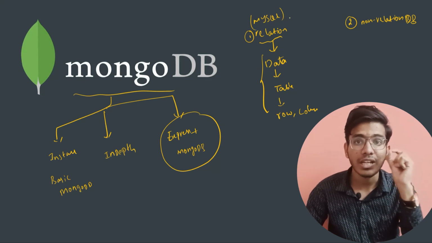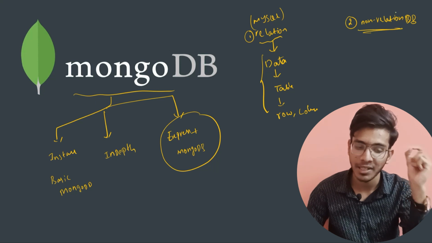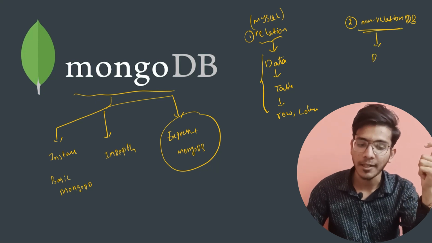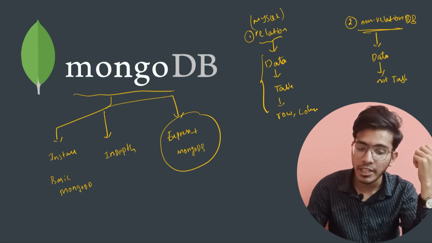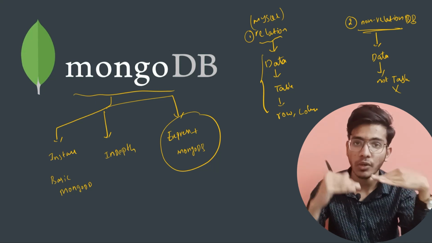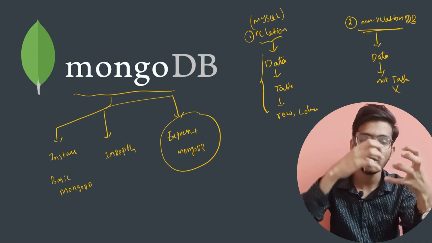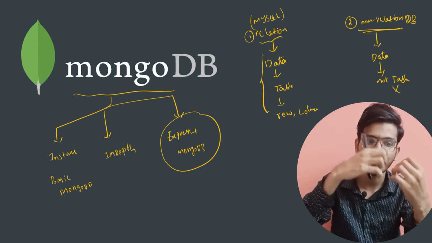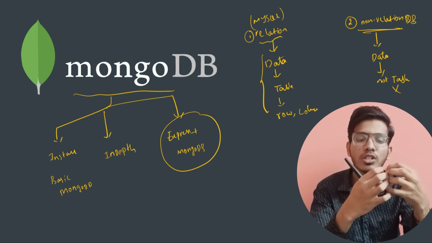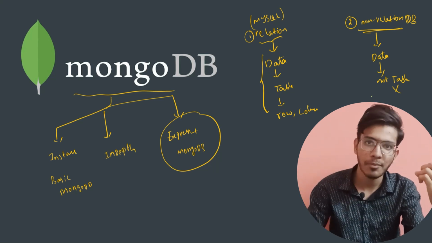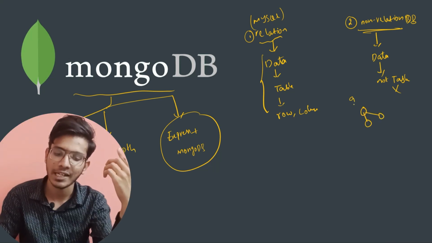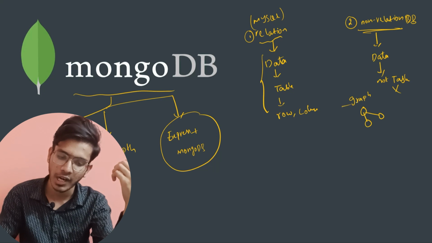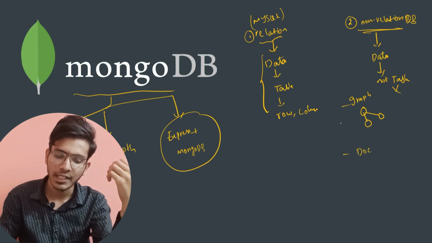Now the definition of a non-relational database is that I'm storing data not in the form of tables. I'm not using any tables, rows or columns here. What we are doing is using some architecture, some systems in place which don't require tables. For example, I can store data in the form of nodes, which is basically a graph, or I can store data in the form of documents.